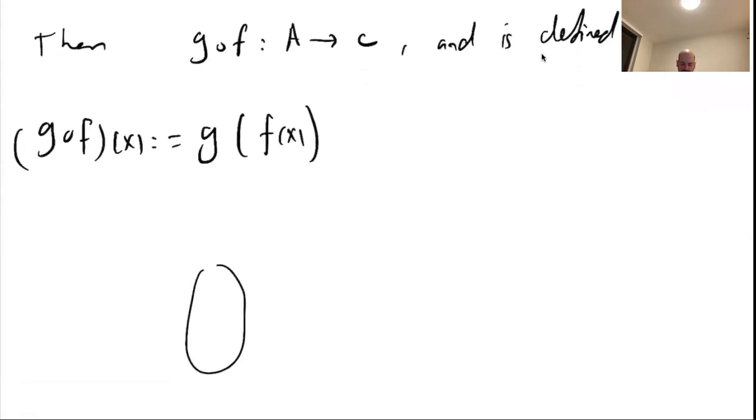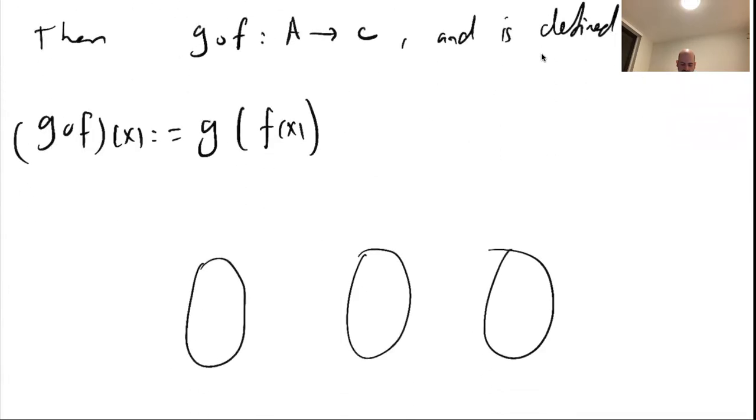Right, so if I want to show you what happens here, we have an input x in the first set, let's say A, like let's say small a.